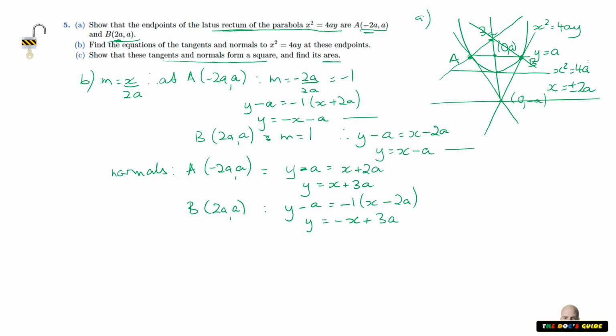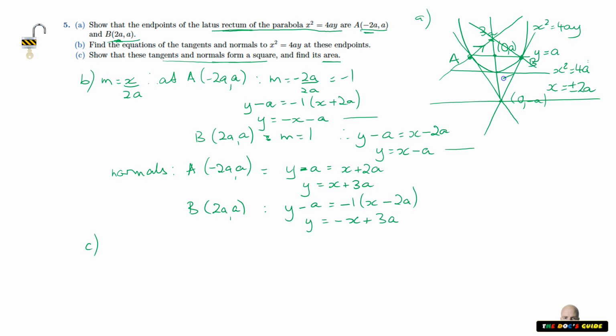So when we look at, although it doesn't look much like it here, to show that these tangents and normals form a square and find its area, we've got that this line is, and I should be writing this down, but I'll put it up here and you can go through the process of writing it down.